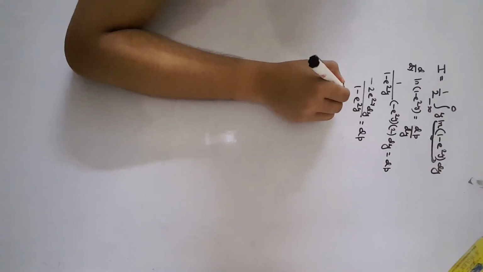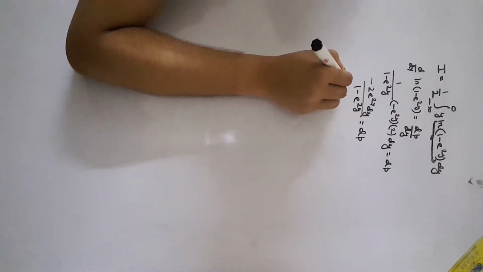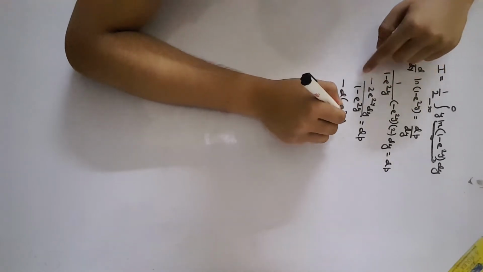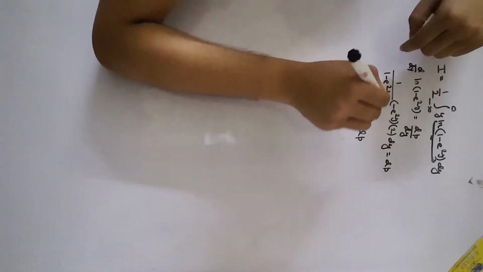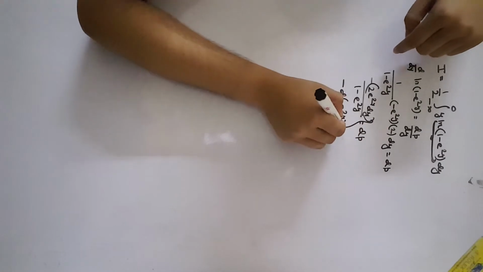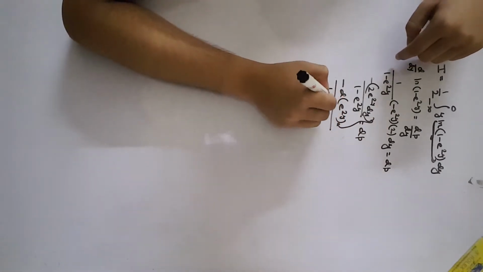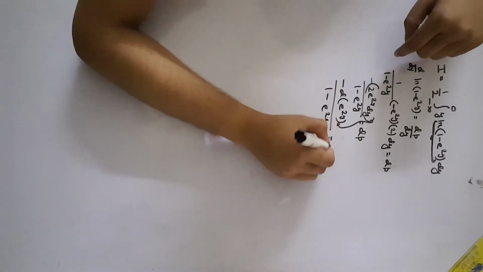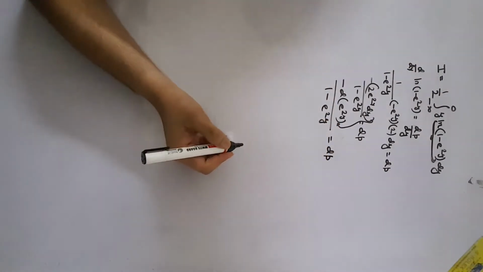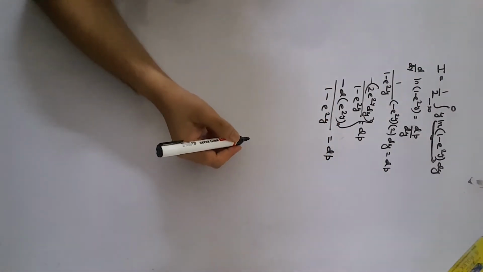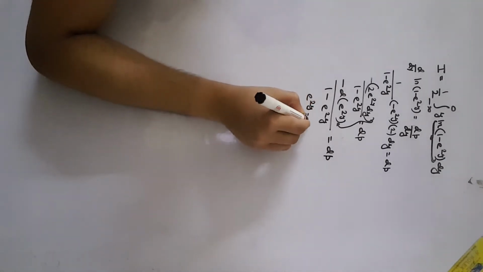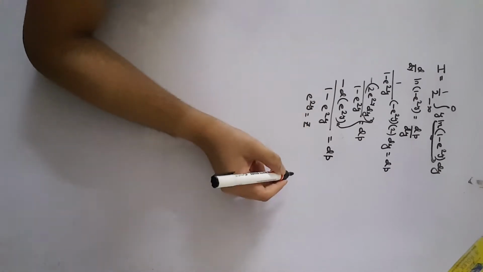Now we can also write it as negative of the differential coefficient of e to the power of 2y on the whole, because we know that this can be written as this, and the denominator can be written as 1 minus e to the power of 2y, and this is equal to dp. Now let us suppose that e to the power of 2y is equal to a new variable called z.